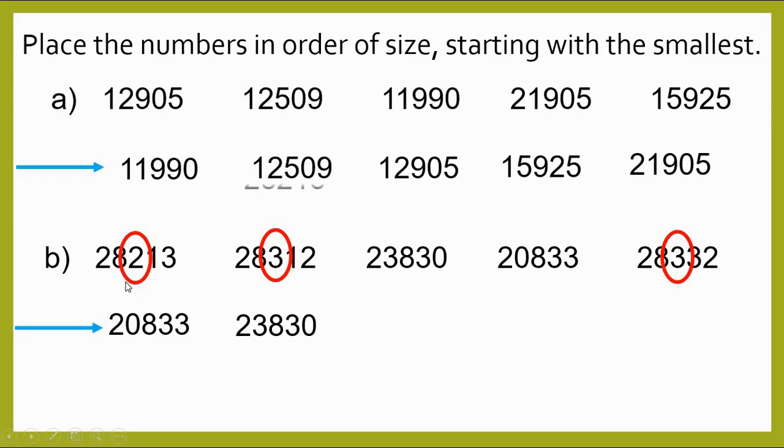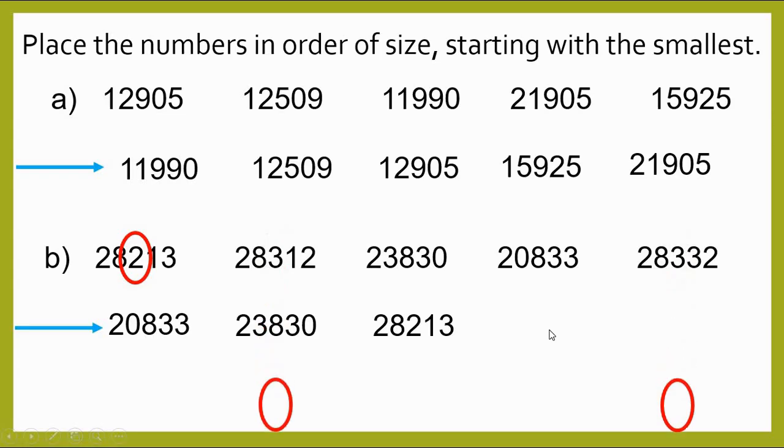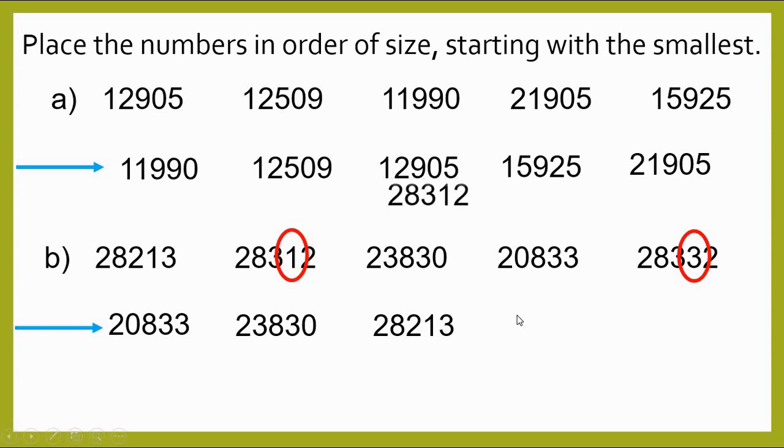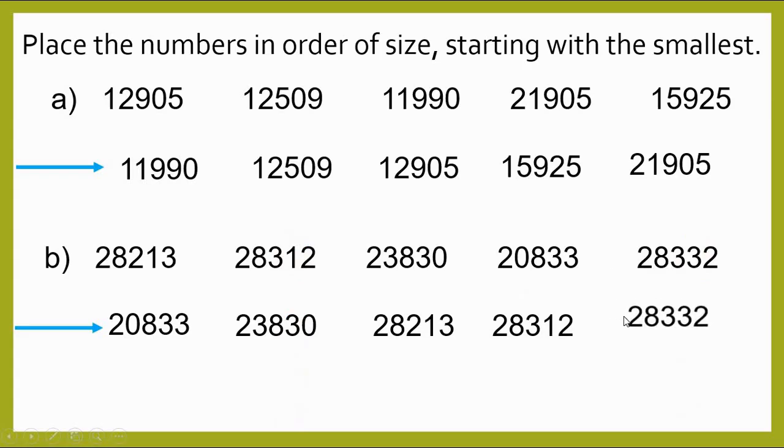First we will write this number, 28,213, and now let us compare the fourth digit of these numbers. Here is 1 and here is 3. So the number which is having 1 as a fourth digit, we'll write this first and then this is the last one.